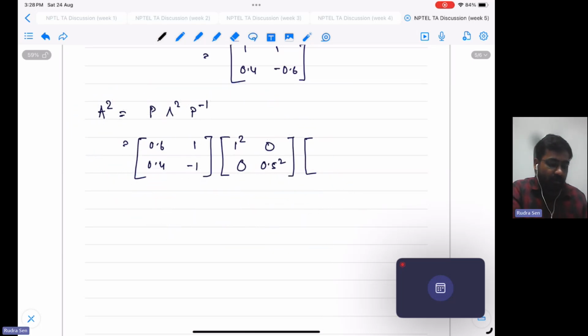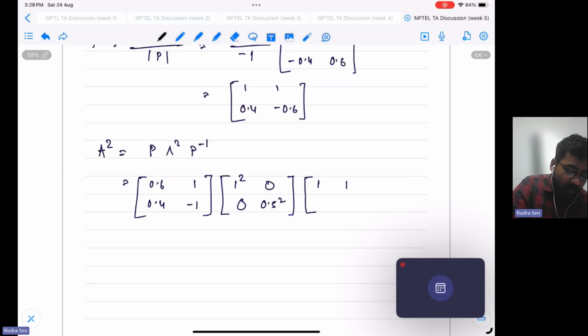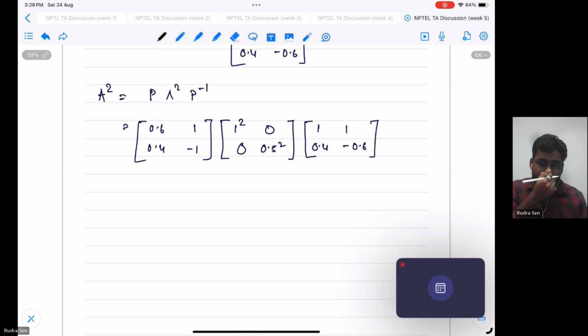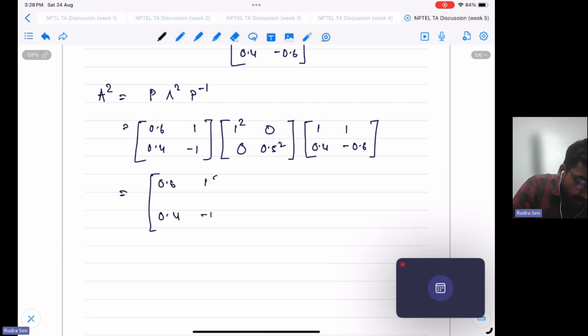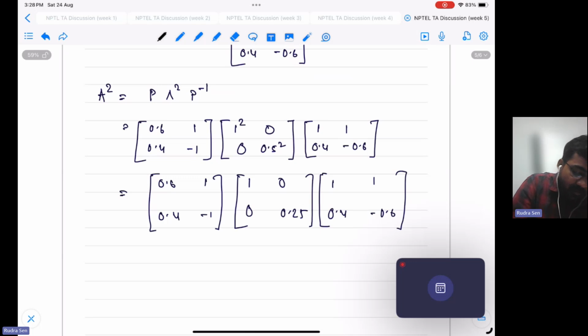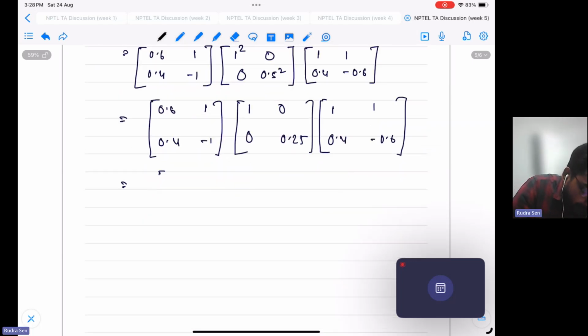Now we multiply this out. We get 1, 1.4, minus 0.6 for the P inverse, and 0.25 for the lambda square term. Now 0.6, 0.4, 1, minus 1.